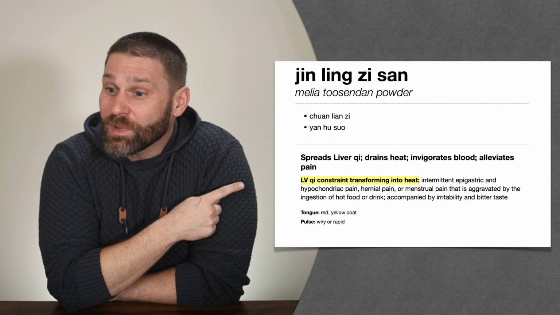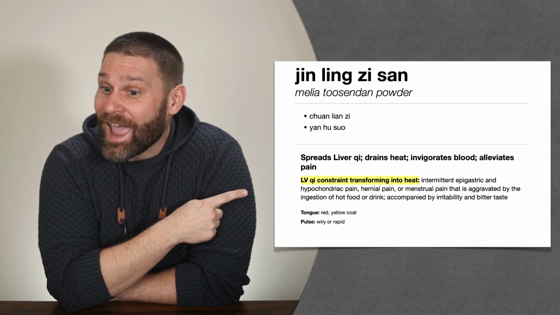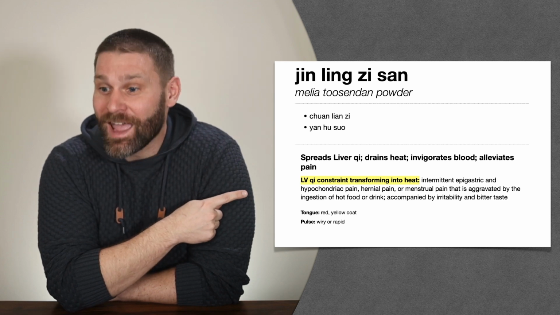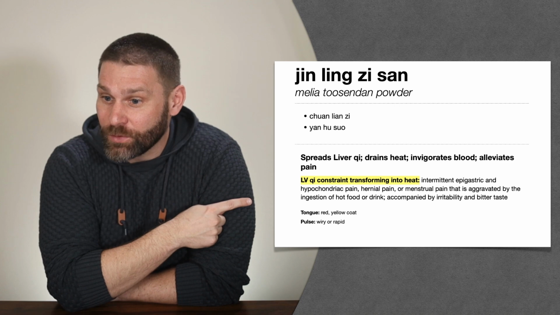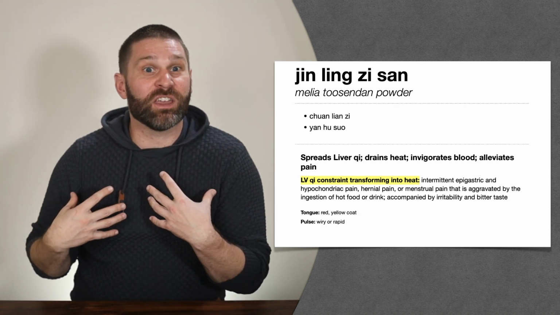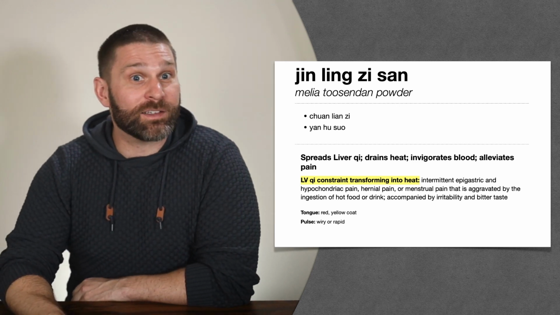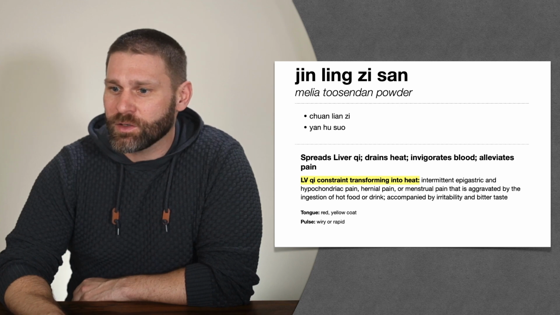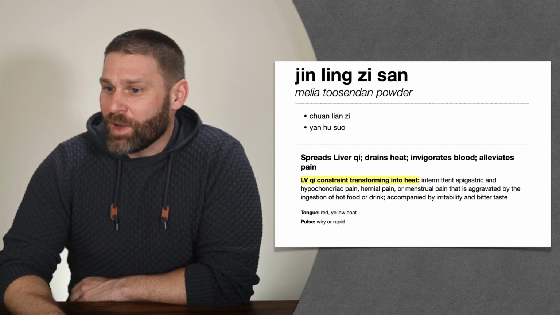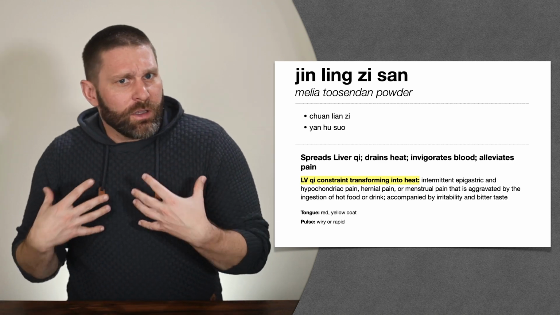So intermittent epigastric and hypochondriac pain, hernial pain, or menstrual pain that is aggravated by the ingestion of hot food or drink. Those are liver qi stagnation signs, but we say they're worse when you eat hot things or drink hot things. So that's how we know that it's a heat condition. Accompanied by irritability and a bitter taste in the mouth. Again, the liver has to do with anger and irritability.